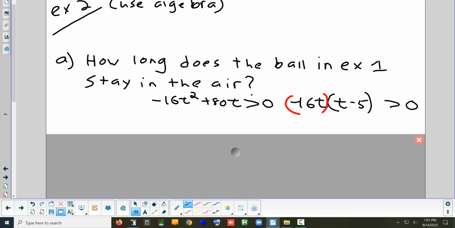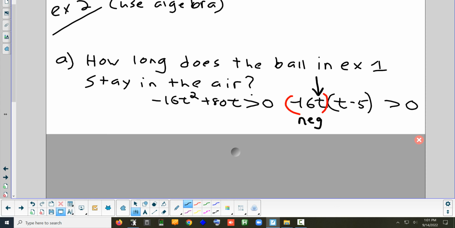So think about what happens to the first factor if you fill in any positive number for t. What would the result always be? A negative. You're always going to be getting a negative for that factor in red, because t is always a positive.